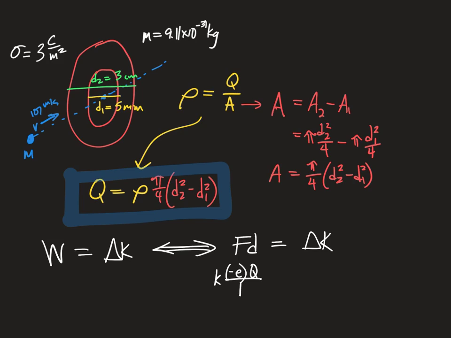And this is going to be over the separation distance squared, which is from the exit of the gun to the hole that it's getting shot through. Well, that's the force part of this puzzle.